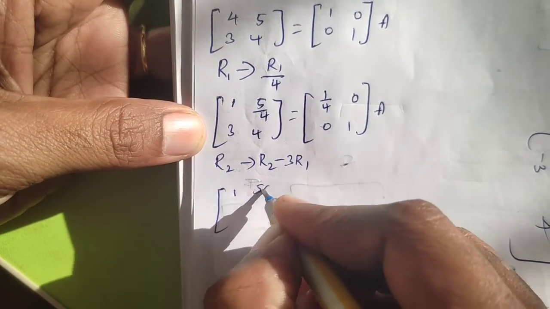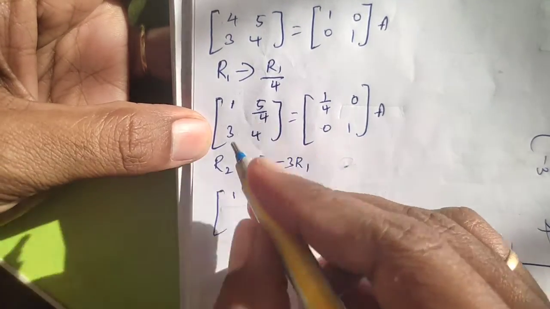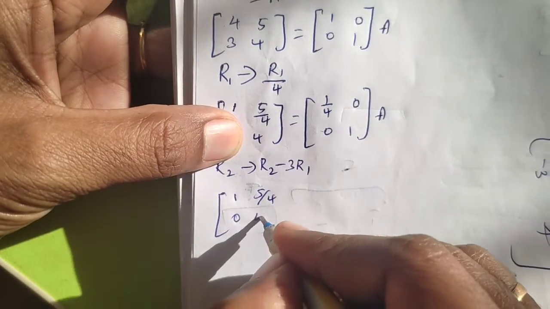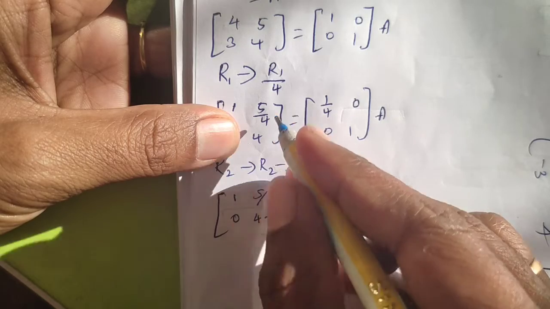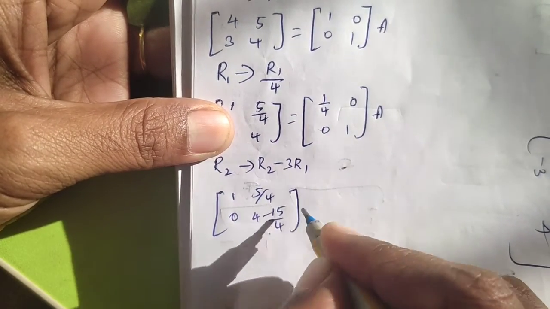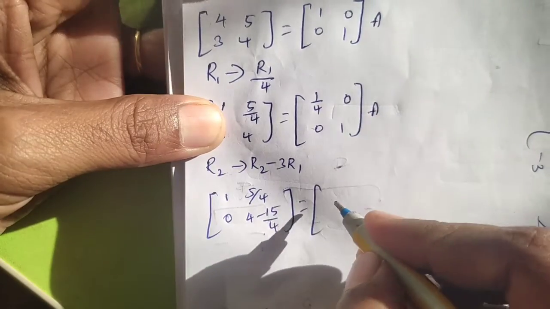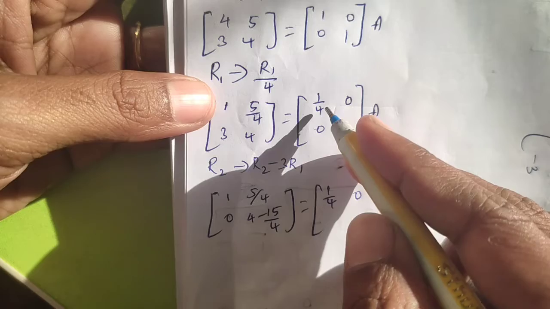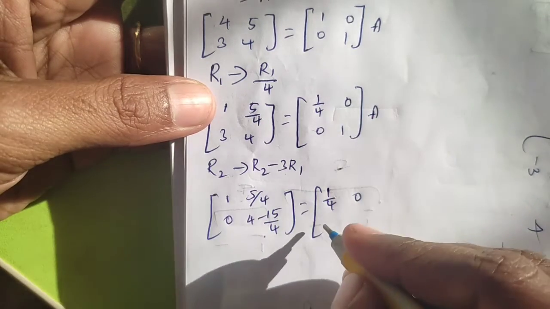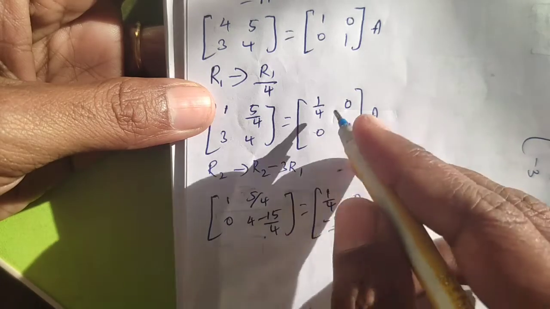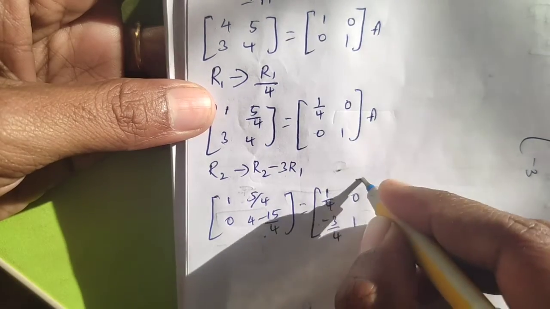1, 5 by 4 is kept as it is. 3 minus 3 will become 0. 4 minus 3 into 5 by 4, that is 16 minus 15, 1 by 4, equal to, here R1 is kept as it is. 0 minus 3 into 1 by 4, so minus 3 by 4. 1 minus 3 into 0, so 1.